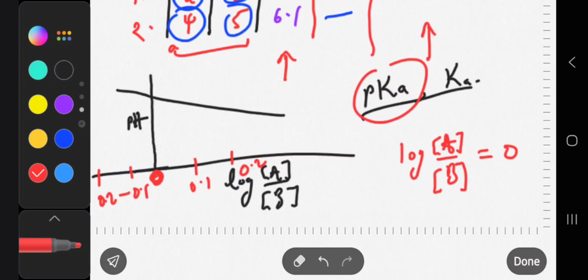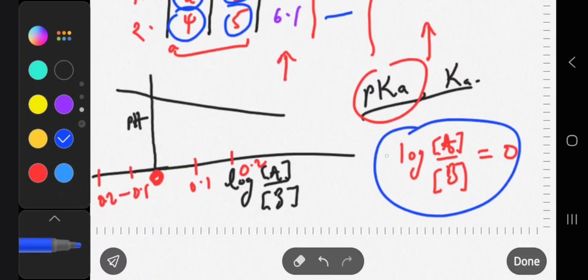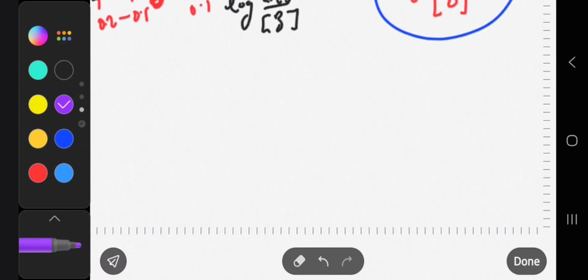So when this expression gives you a 0, the value you get tells you the pKa of the acid. So let's say you found it here. You just have to take the value here. If it's 1.5, you write 1.5 is the pKa, right? And from pKa, we should be able to find the Ka, all right?